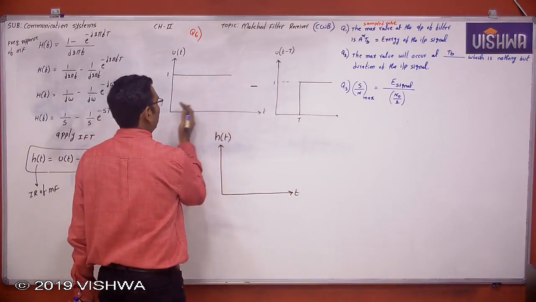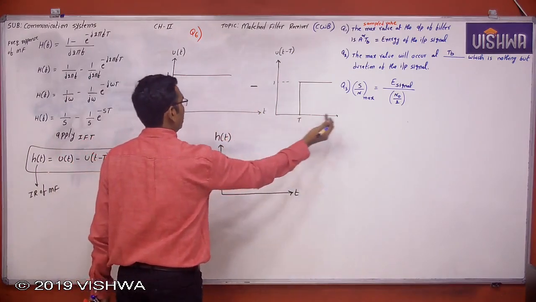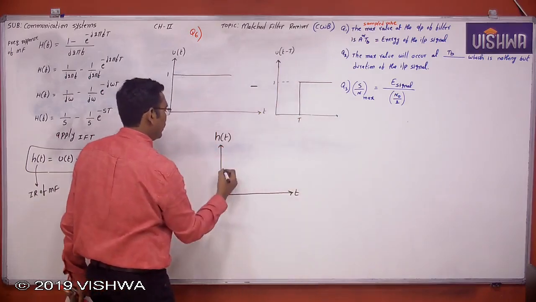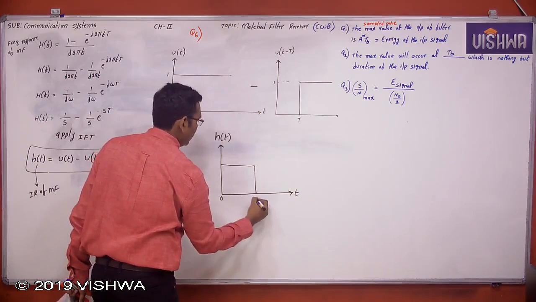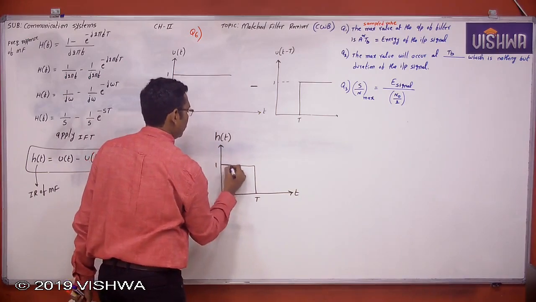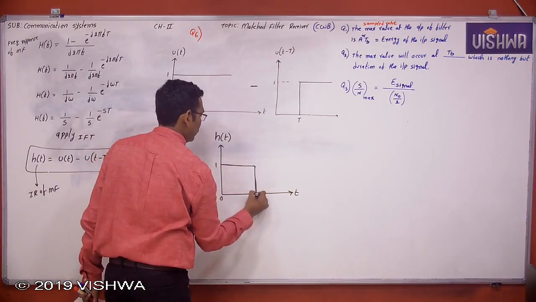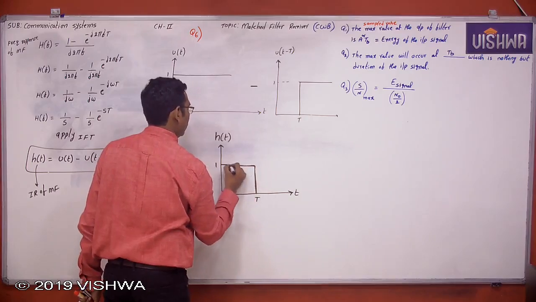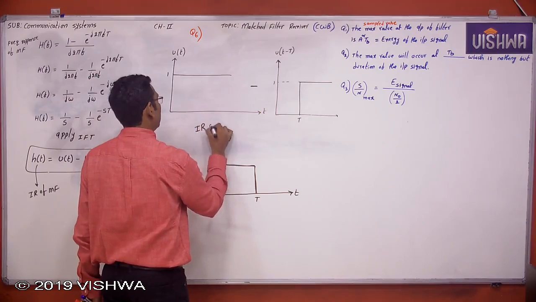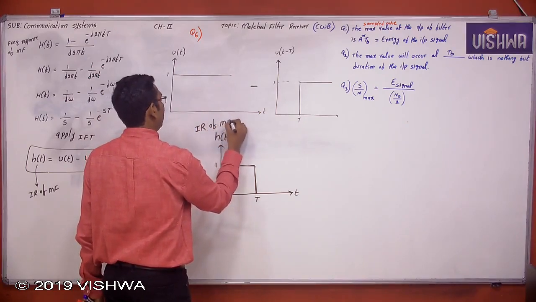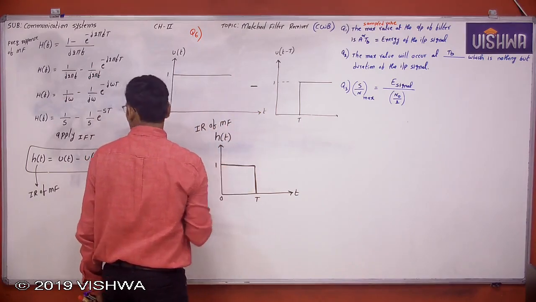This is 0 to infinity, this is T to infinity, then this area will be cancelled. Now this is 0 to T, this is 1. So this is the impulse response of the matched filter.